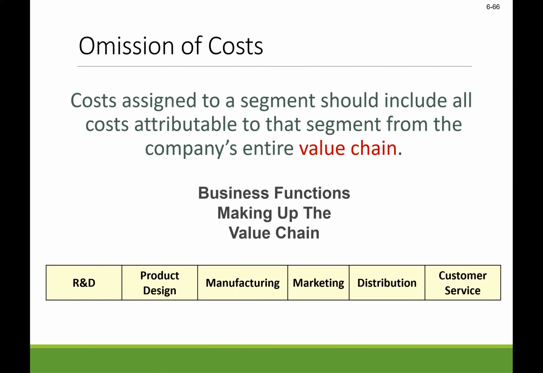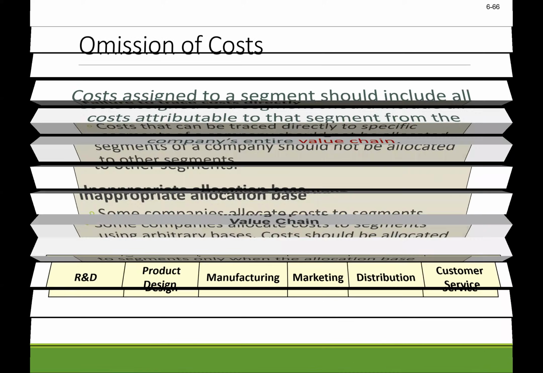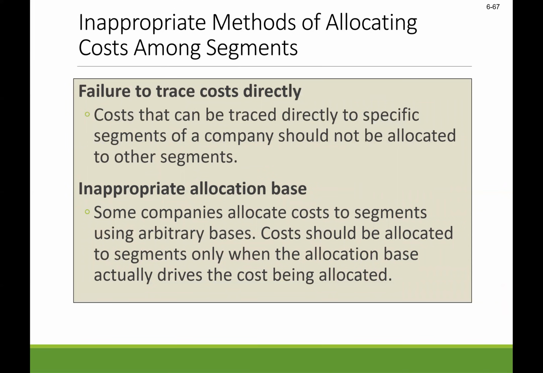Costs assigned to a segment should include all costs attributable to that segment from the company's value chain: the research and development, product design, manufacturing and marketing and distribution, and customer service. Costs that can be traced directly to specific segments of a company should not be allocated to other segments.